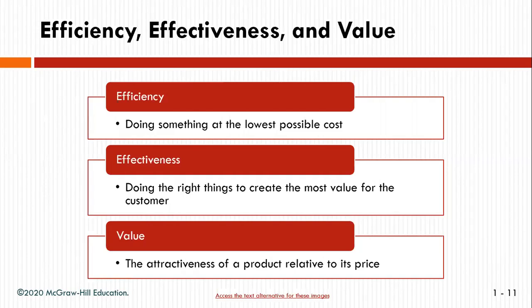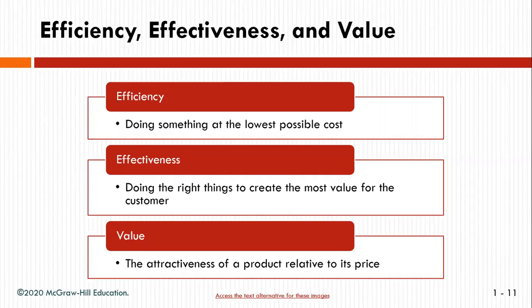Now, whether you are talking about products or services or a combination of them in the middle, there are three things you need to take into consideration: efficiency, effectiveness, and value. Efficiency is doing something at the lowest possible cost. Effectiveness is doing the right thing to create the most value for the customer. You become very effective.